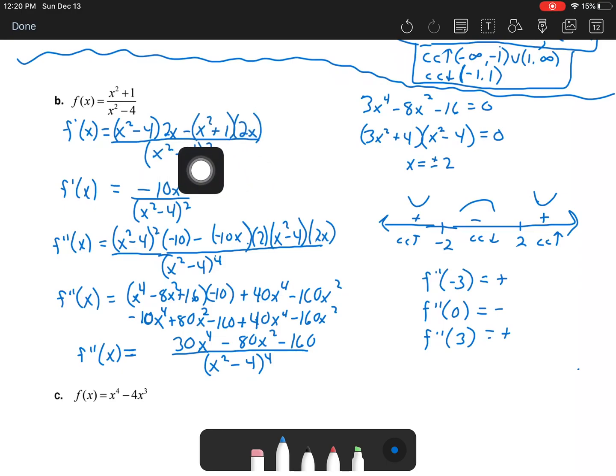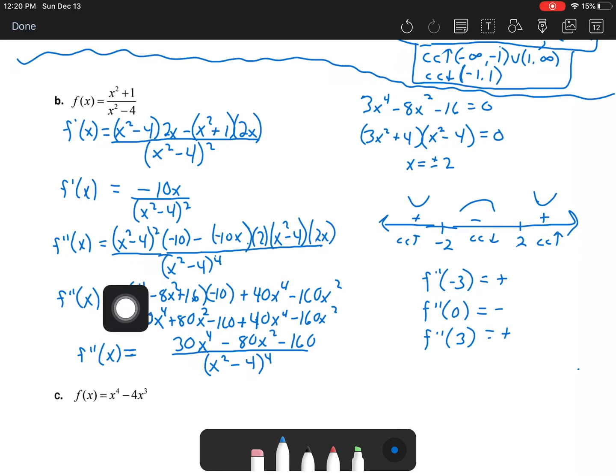This one's going to be negative 2x cubed, and those cancel out. Then the next terms are going to be negative 8x here, and negative 2x. When I combine those, I get negative 10x. So the cubic terms canceled out, but the linear terms combined, and the denominator is the same.